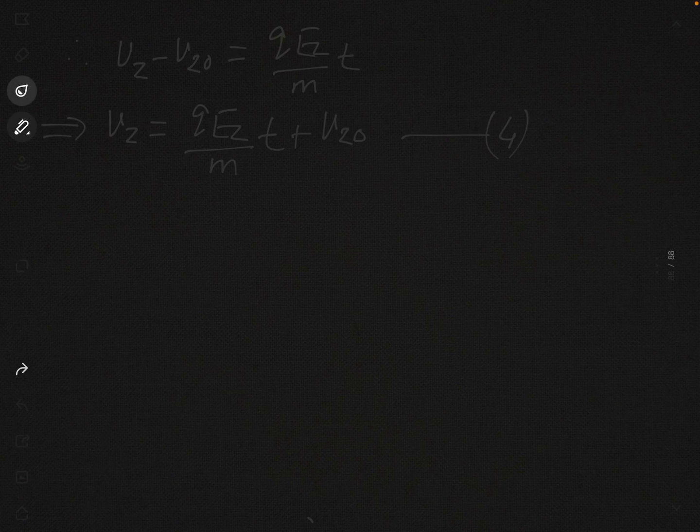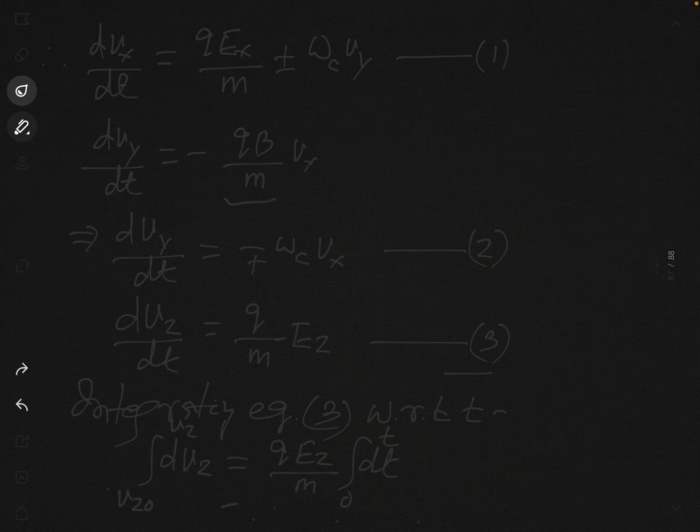Now to find the nature of motion of the plasma particle, let us differentiate equation 2 and equation 3 with respect to time t. When we differentiate equation 2 with respect to time t, the expression will be d2 Vy by dt square, and that will be equal to minus plus omega c dvx by dt.